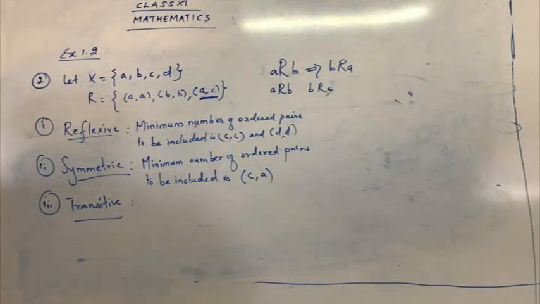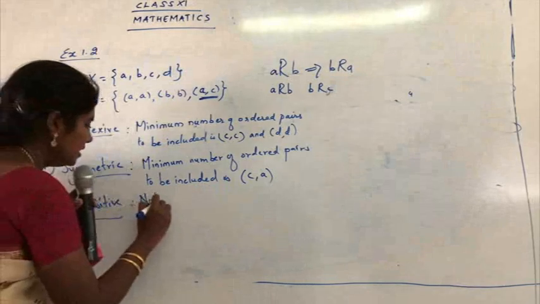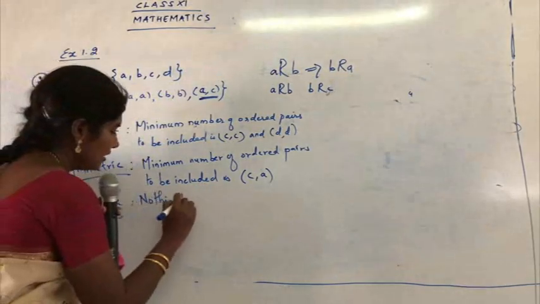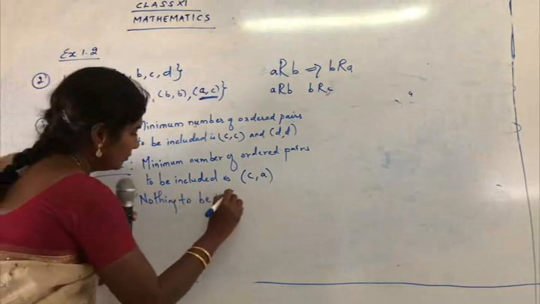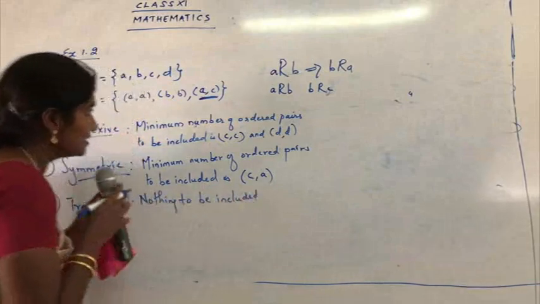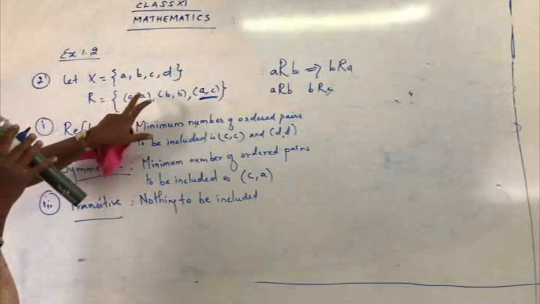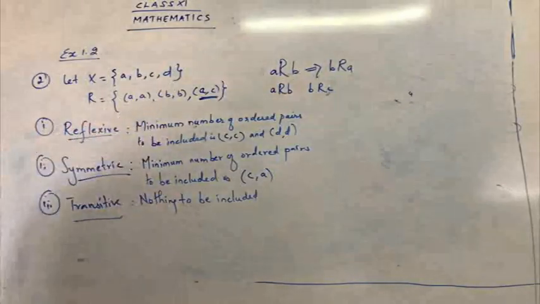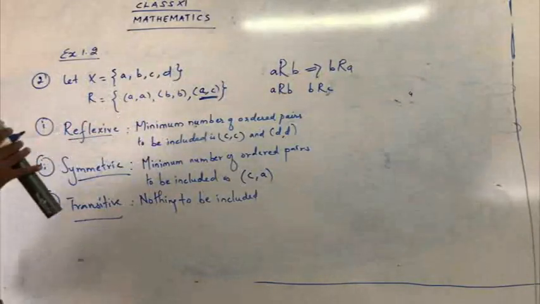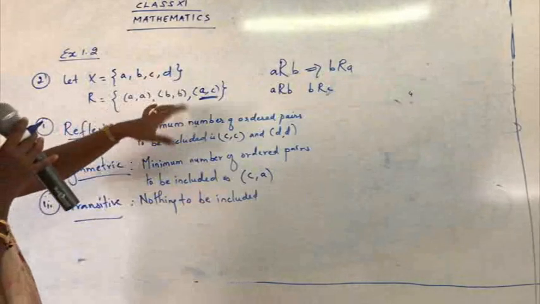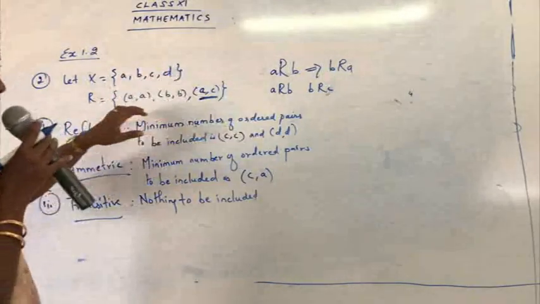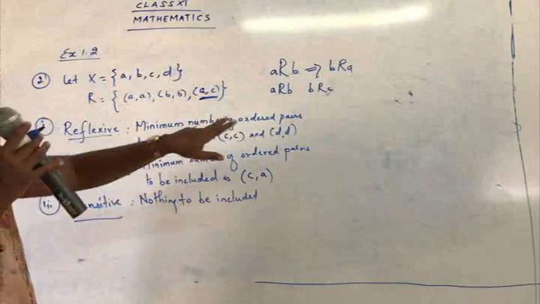So what we can say here is nothing to be included. Are you getting this, children? For reflexive, AA is present, BB is present, so we have to include CC and also DD. Now for symmetric, two elements are to be taken.